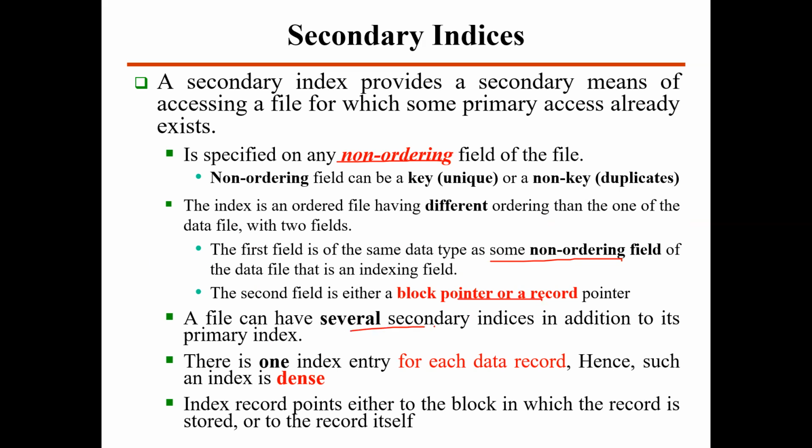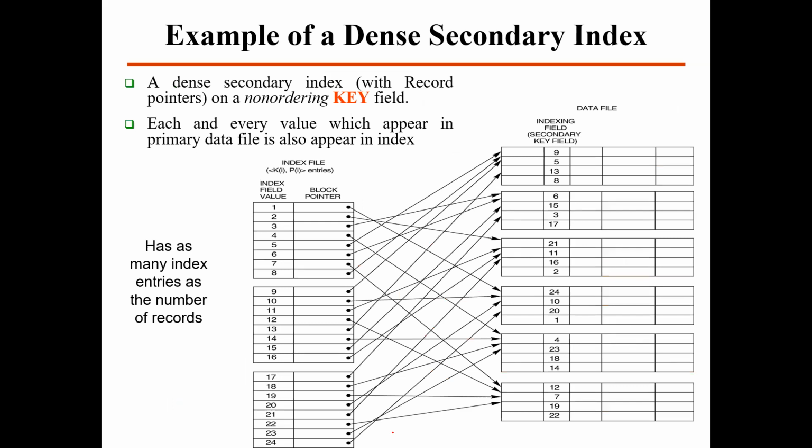A file can have several secondary indexes in addition to the primary index. There is one index entry for each record, which makes this a dense index. The index record points to the blocks in which the records are stored or to the record itself. So that's why it makes a dense index. We know a dense secondary index can be made on any non-ordering key field.